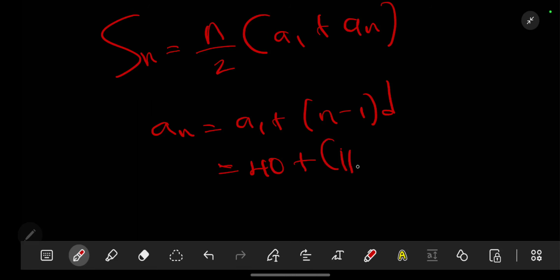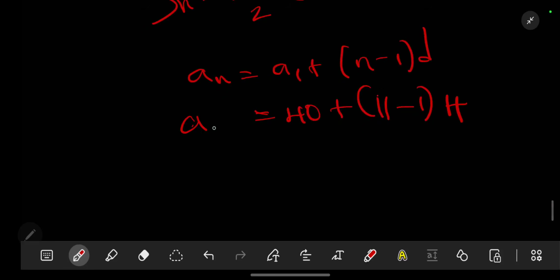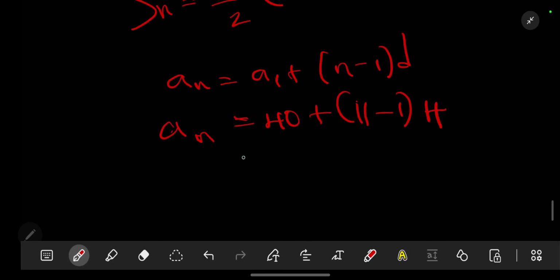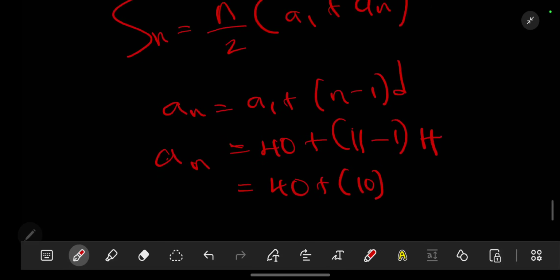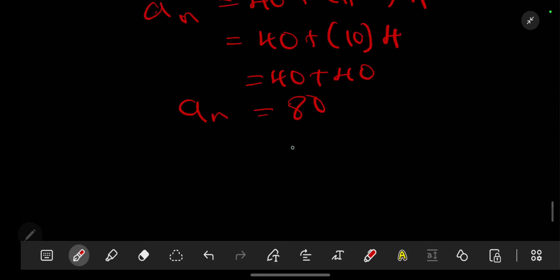We want the last term, so we have (11 minus 1) times our d, which is 4. So an will be equal to 40 plus 10 times 4, which is 40 plus 40, which will be equal to 80. So an is equal to 80.